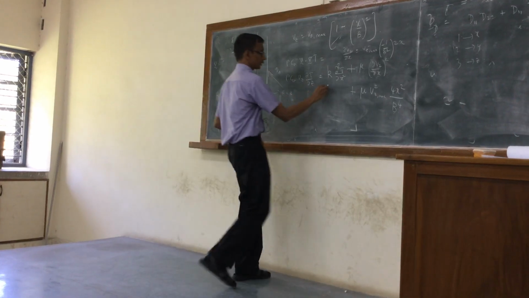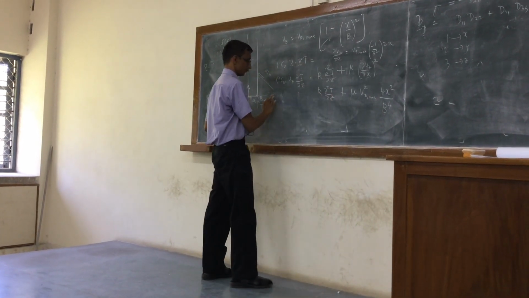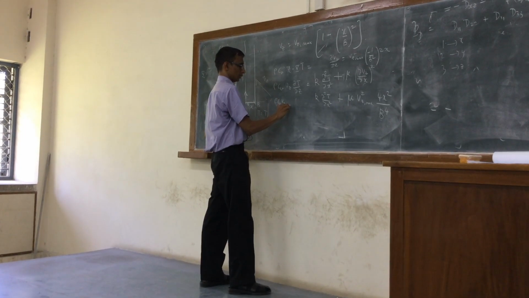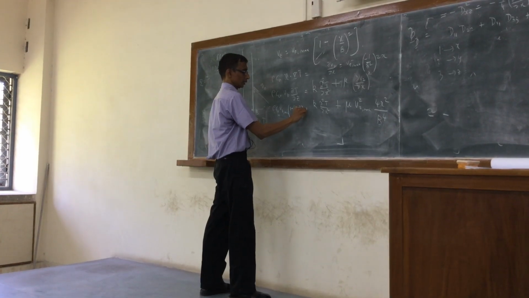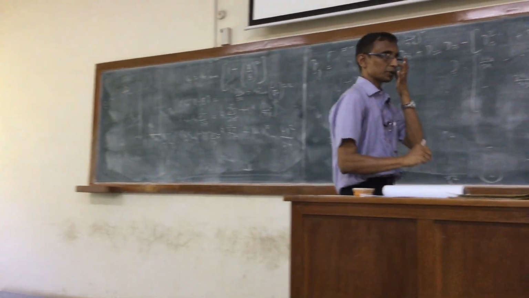And then I have k times d squared T by dx squared, and then I have rho Cv vz max times 1 minus x squared over b squared dT by dz equal to this. So this is the differentiation.